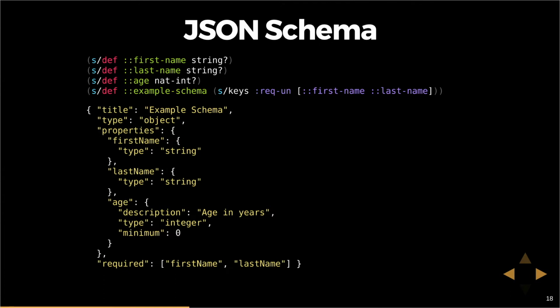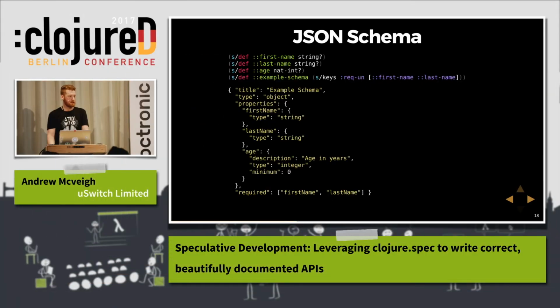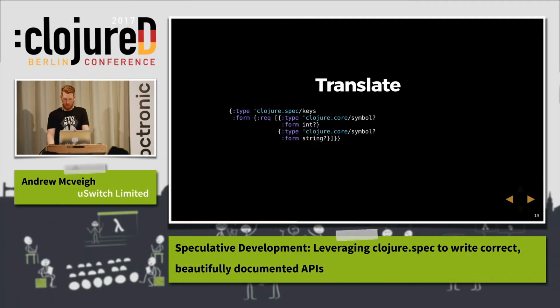And at the time we were doing this, clojure-spec was too new for existing libraries that render Swagger in Clojure to have any solution for this. And I think that's still the case. I'm not sure. But given that we've translated our Clojure specs into an abstract syntax tree of sorts, how hard can it be to convert this tree into one that looks like JSON-schema?